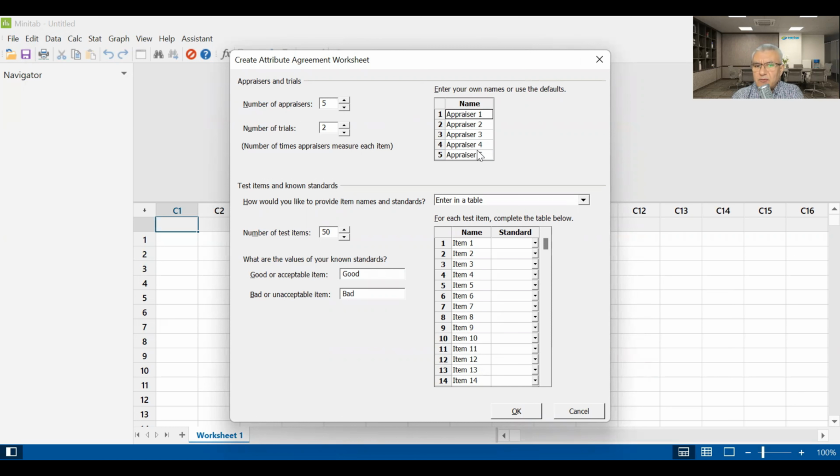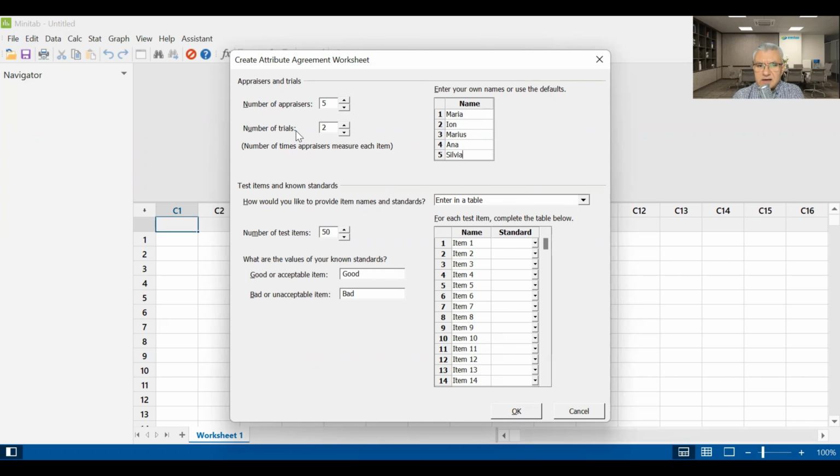You could keep the numbers, appraiser 1, 2, 3, 4, 5, or you could even type the names: Maria, Ion, Marius, Anna, and Sylvia. So we have 5 appraisers.